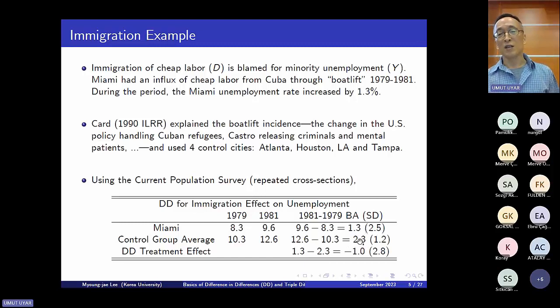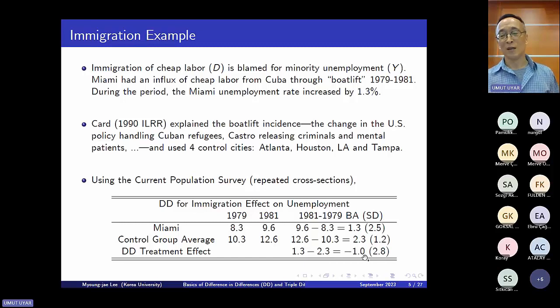So DD is this number, treatment group BA minus control group BA, which is minus 1.0. So if anything, unemployment rate has dropped, surprisingly. Although this number is not significant because the standard error is 2.8.